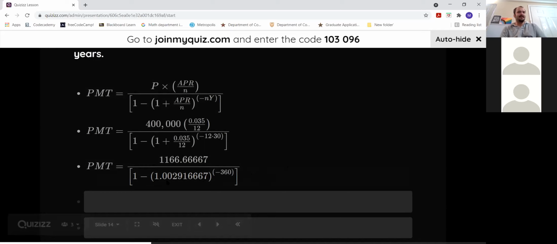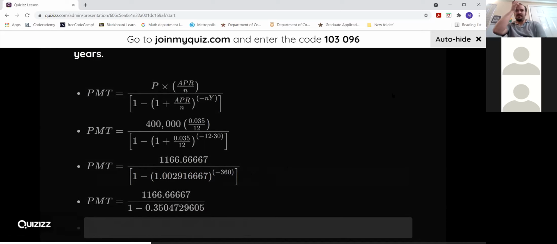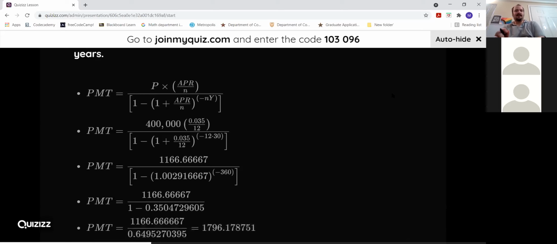I add 1 to it. So now the next step, I think, is I'm doing my exponents. Should give me something like 0.3504. And the last one is I subtract 1 from that, and I divide it by that 1166. Or I subtract it from 1, I guess I should say, right? Are you seeing where maybe you got off?